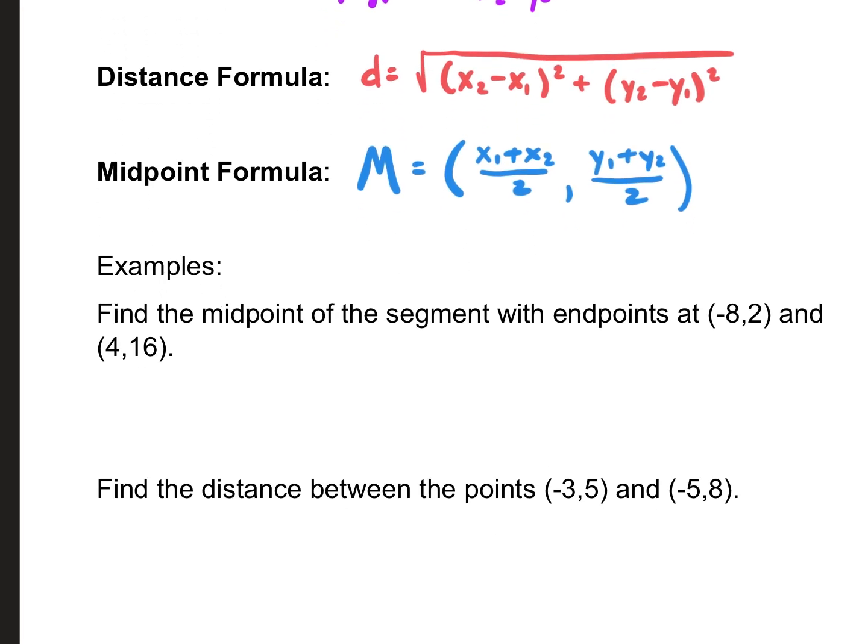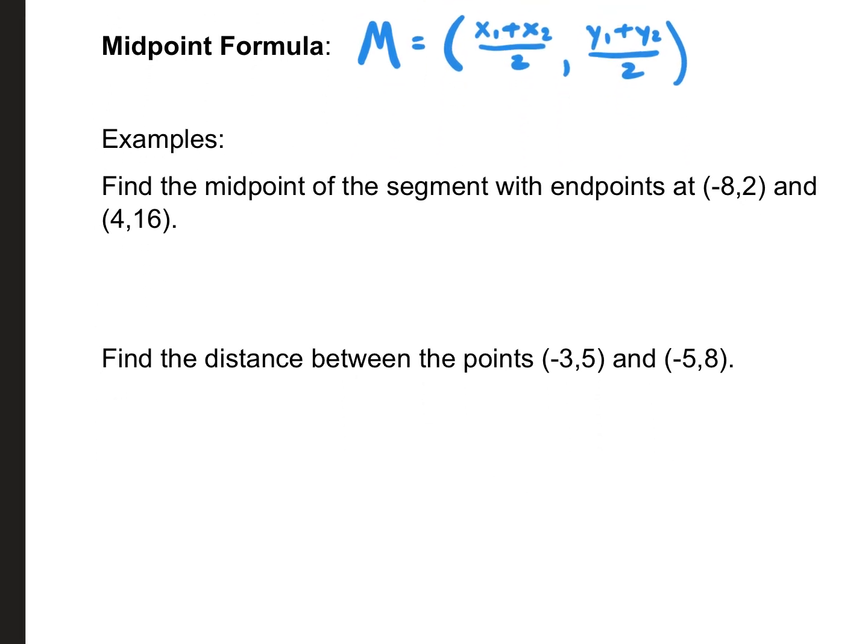And so now if we can apply that to just working through some of these questions down here, things like finding the midpoint of a segment with the endpoints of -8, 2 and 4, 16. So I usually just like to label my values when I'm working with them just because I know a common mistake that people get is they will mislabel or reuse one of their numbers twice. So just making sure you're being careful, being organized, and not losing track of that.